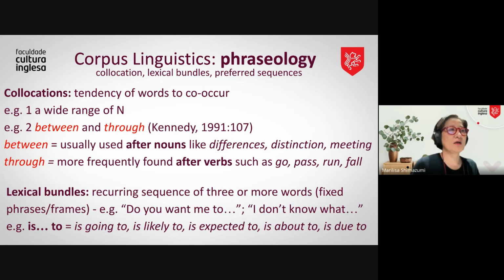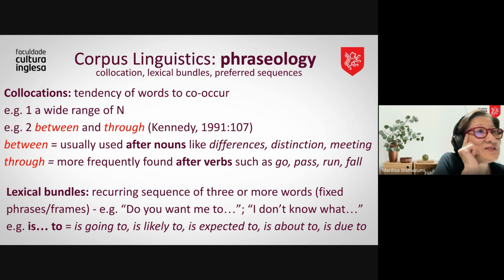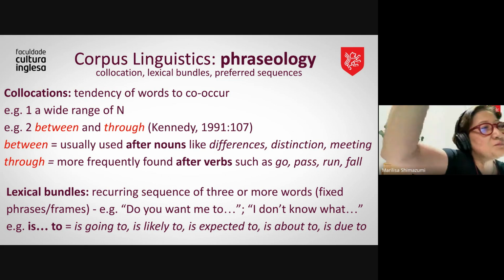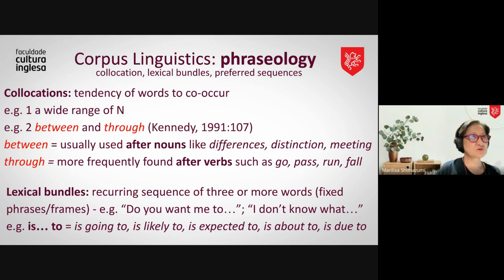Now, lexical bundles are recurrent sequences of three or more words. Mind you, these are not idioms, because idioms are fixed. Here, they are not fixed phrases, but frames. In themselves, they need more meaning to be completed.